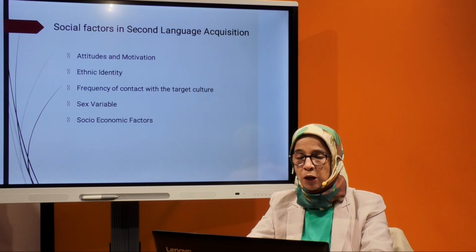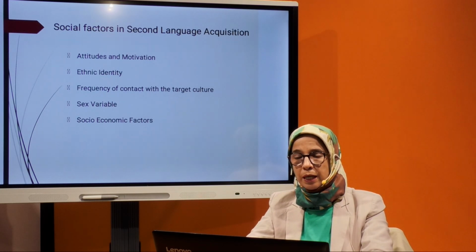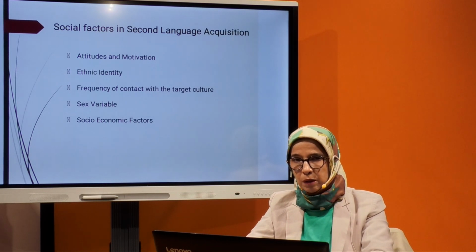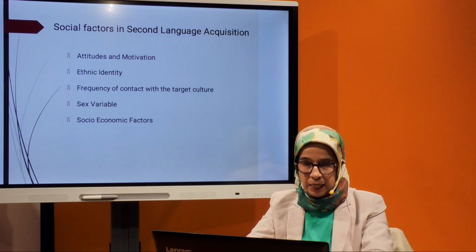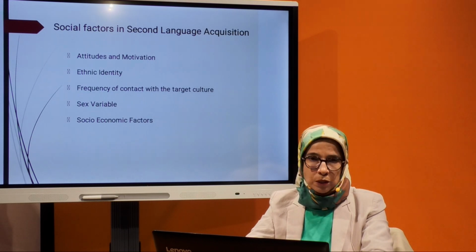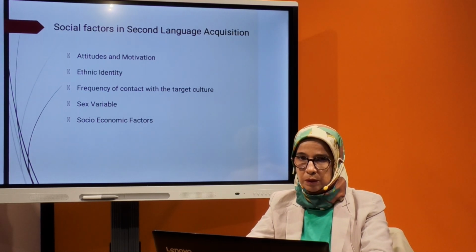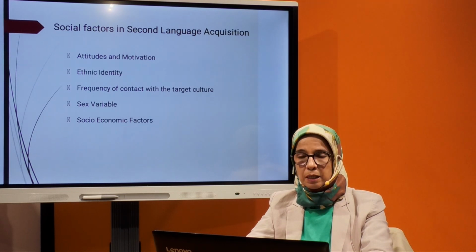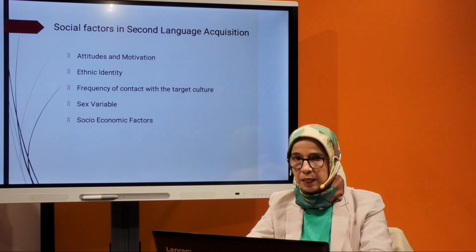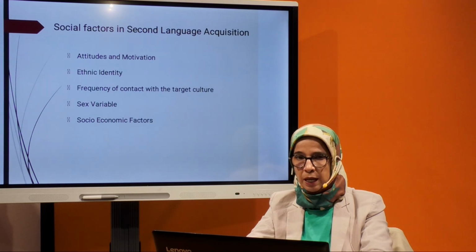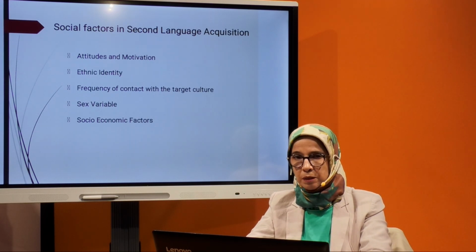Of course, we cannot generalize, because we may find exceptions: people who have never been abroad, yet they master a second language or a foreign language, and they master many languages.